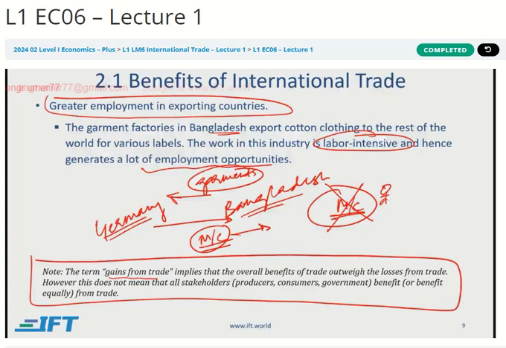So the overall benefits of trade are definitely there. The overall benefits of trade outweigh the losses from trade. But within the economy, it's not the same for all stakeholders. Certain producers, certain consumers, or maybe the government might not benefit equally, or not benefit at all, from the trade.